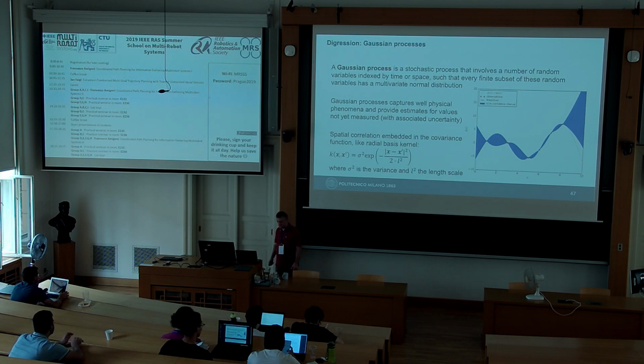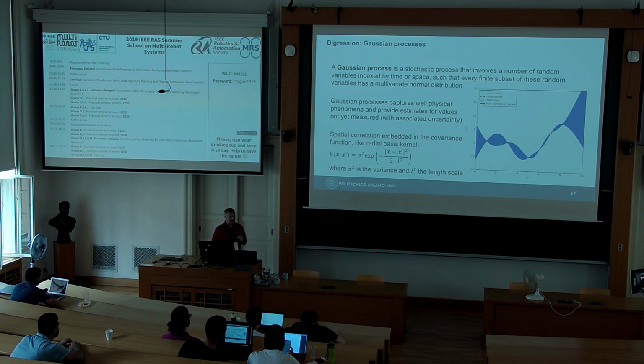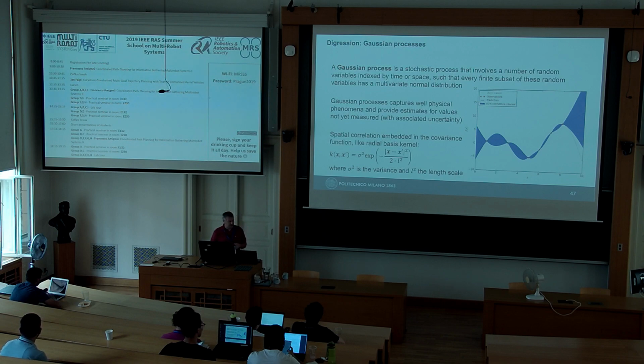A Gaussian process is a stochastic process in which you have a number of random variables that are indexed in time or space, with the property that if you take a finite subset of these random variables, they have a multivariate normal distribution.